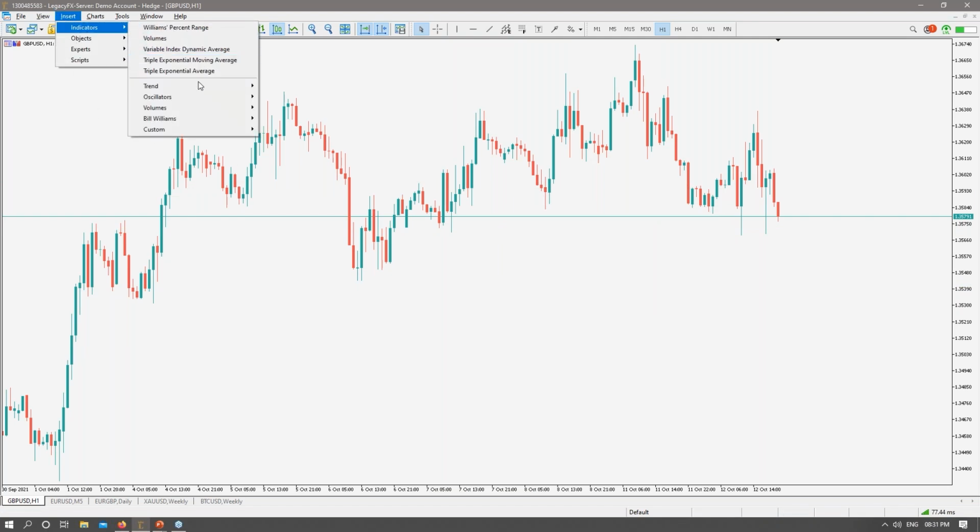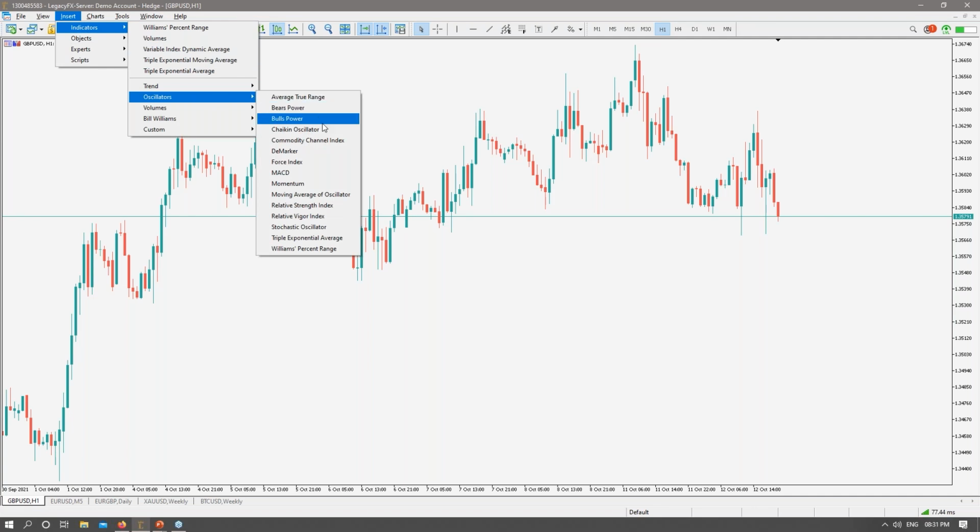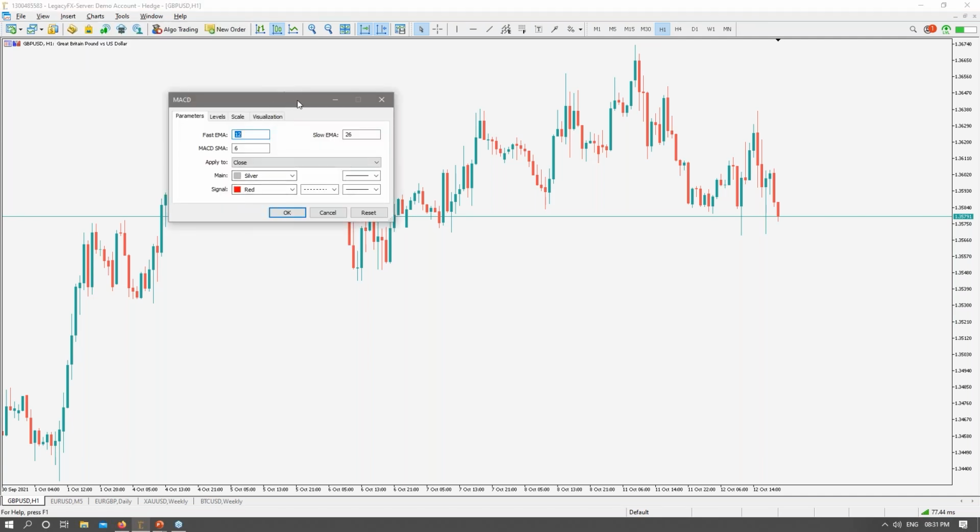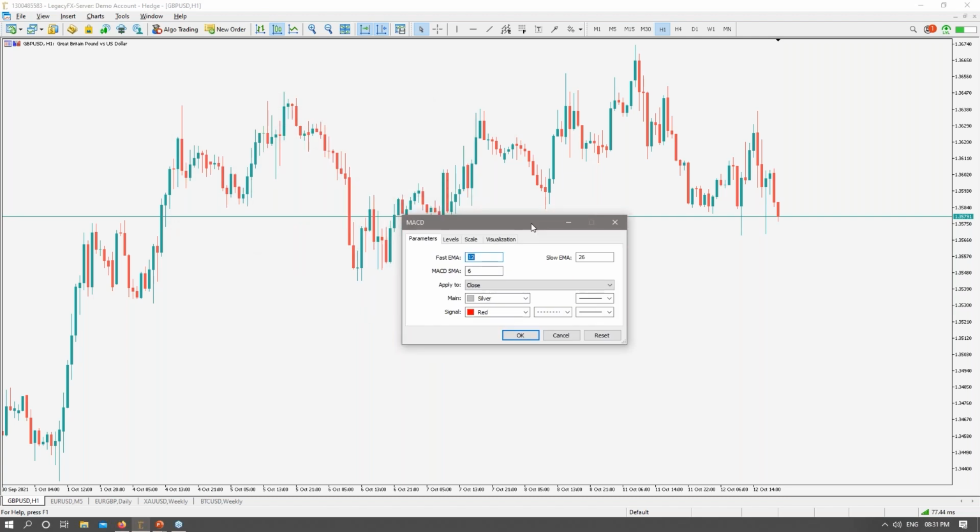Now, let's put in the indicator for the MACD. It's an oscillator, like I said, and it's abbreviated as MACD. Put that in. Now, the MACD generally has a 12-period EMA. You guys remember EMA? That's an exponential moving average.